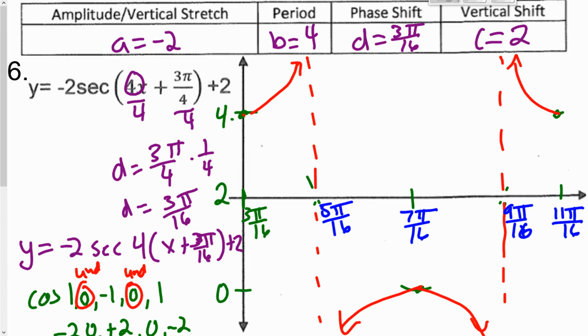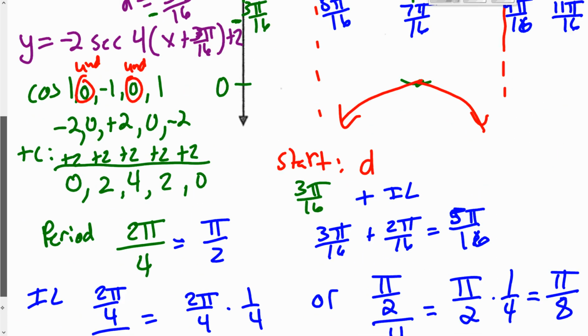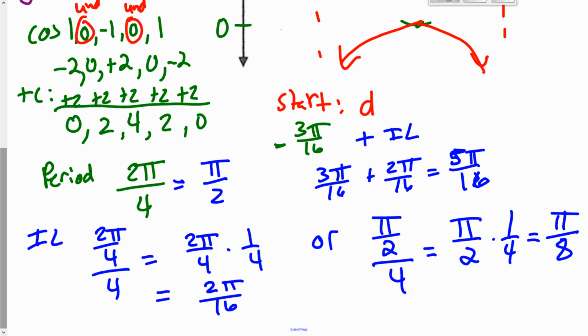Now let's go back and fix my mess up because that should be a negative. D is negative. So this is positive, so it's negative. Now we have to go back down here. So that's a negative. So negative 3 pi 16ths plus 2 pi 16ths is actually a negative 1 pi 16ths.